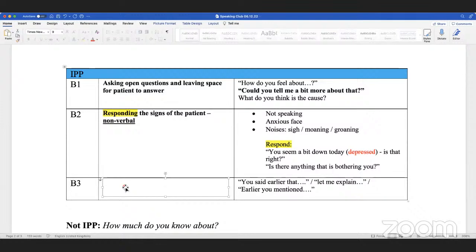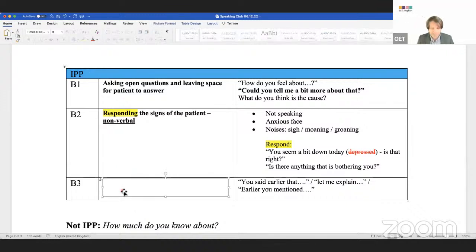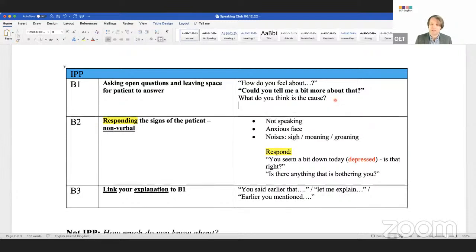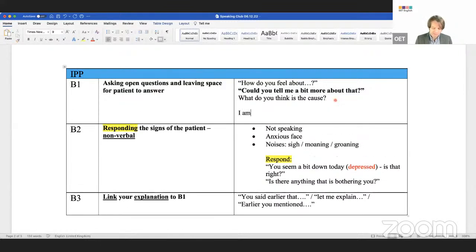Like, for instance, linking between the patient's feelings and your responses. Excellent. And I like this word linking, right? I think I used connected, but I'll change it to link, right? So link your explanation to B1, to the things they told you earlier on. Fantastic. So if here, for example, Fahad, if I say, I am afraid of needles, right?